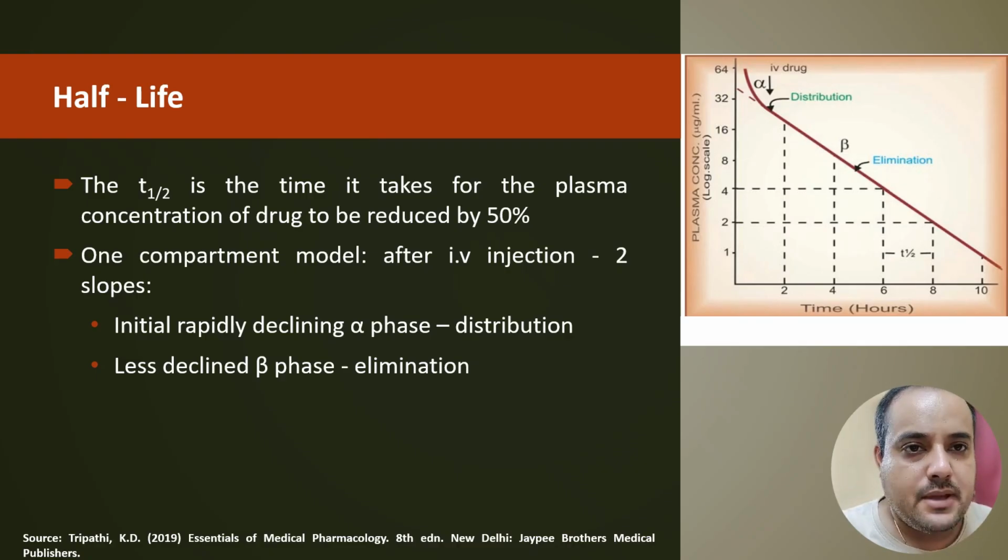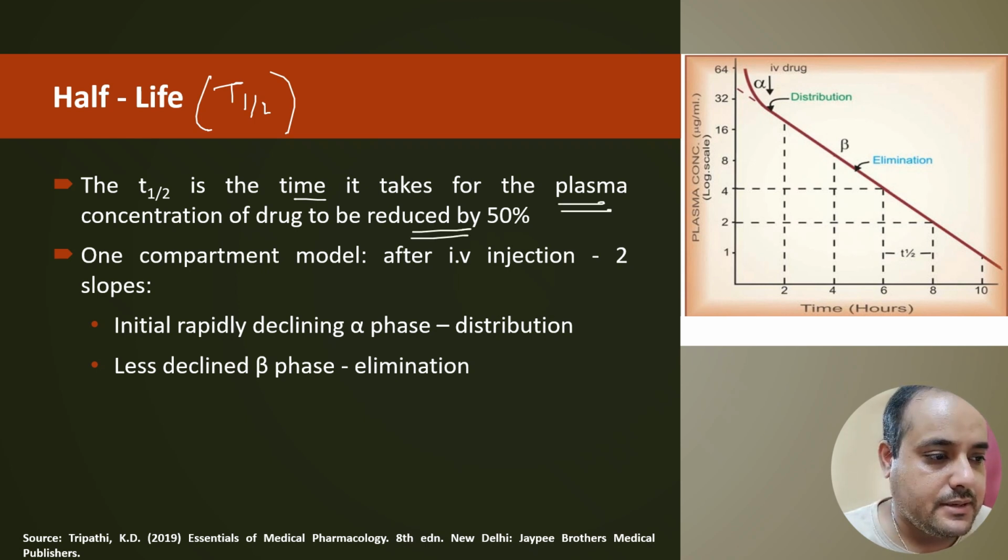So now what do we mean by half-life of the drug, which is also denoted by T half? This half-life or T half is the time that the drug takes for its plasma concentration to be reduced by 50%. Now in a one compartment model that we have studied in the previous lecture, after IV injection we can get two slopes.